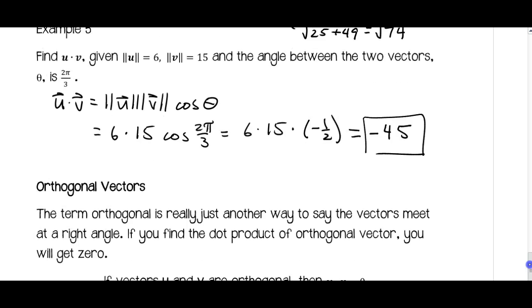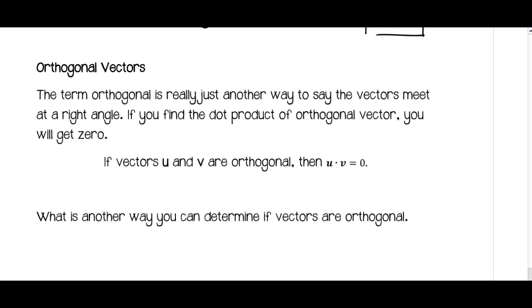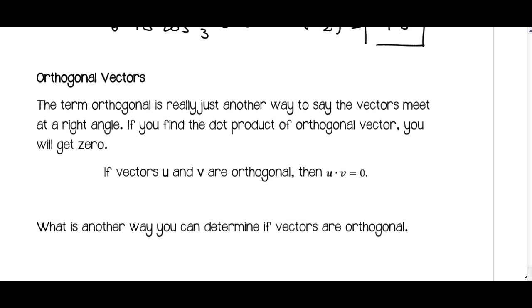Okay, so very briefly, moving on to the last concept here. Orthogonal, it's a very fancy word, and really it's just another word for perpendicular, or vectors that meet at a right angle. And the interesting thing about this is that if you do the dot product of orthogonal vectors, it turns out to be 0.